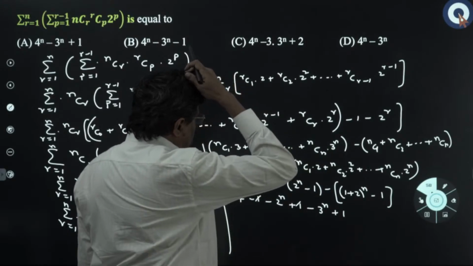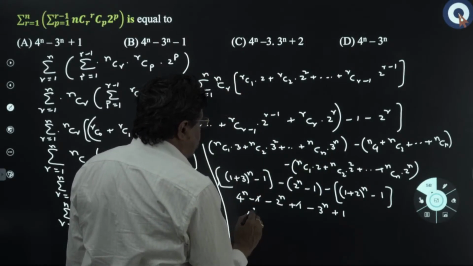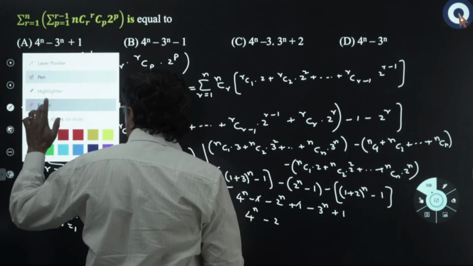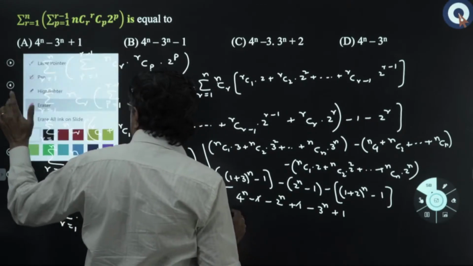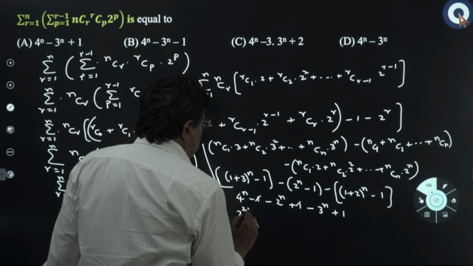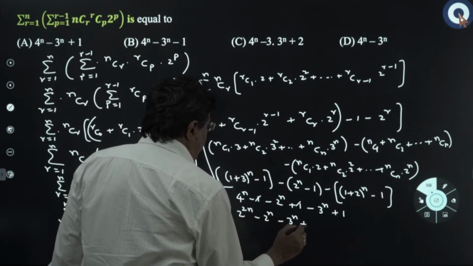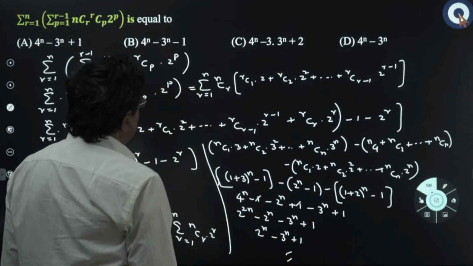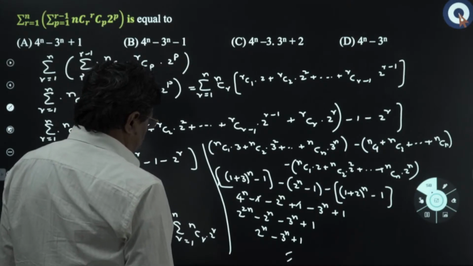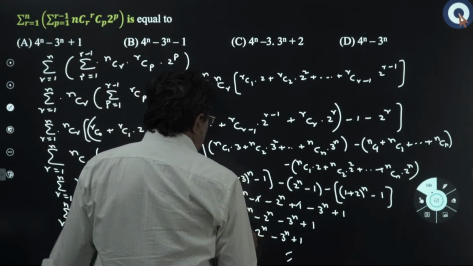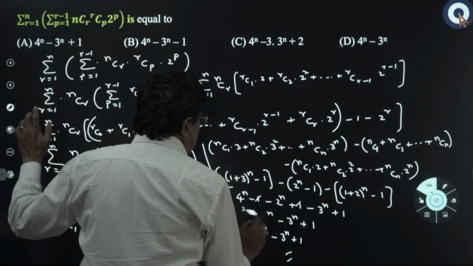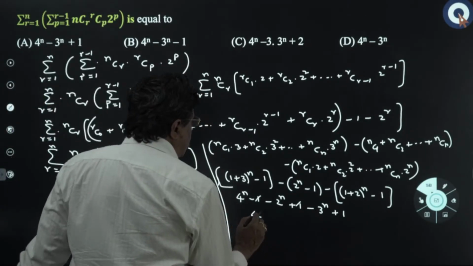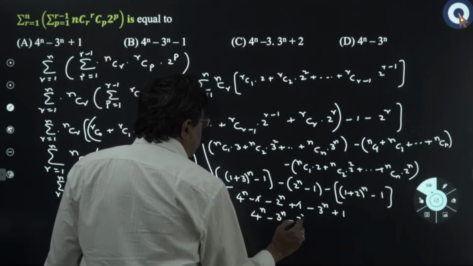So basically what we are getting is 4 power n minus 3 power n minus 2 power n, sorry, here one mistake.